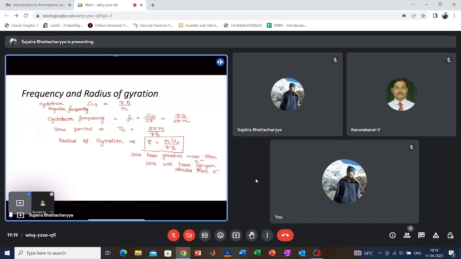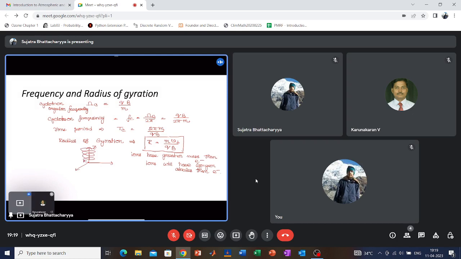Okay. Now another important thing: the charge can be positive or negative. Suppose this is the z axis and these are x and y. In case of ions, the same thing happens but with a larger radius.